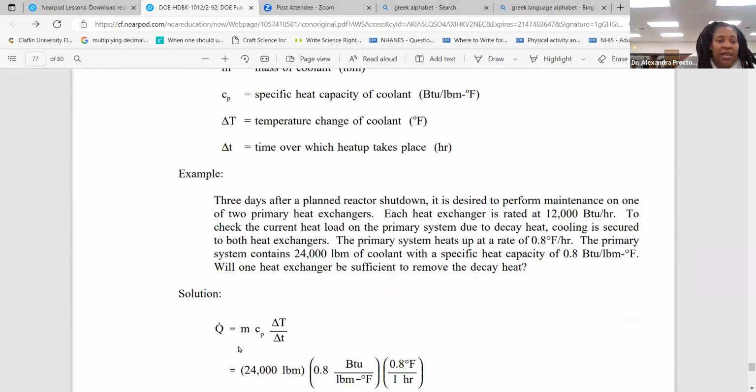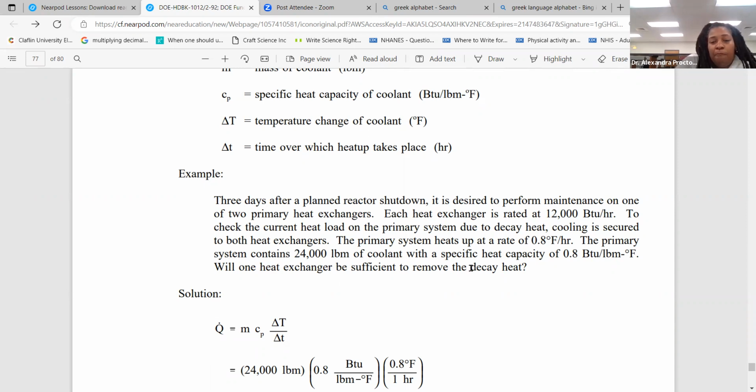So an example problem: 3 days after a planned reactor shutdown, it is desired to perform maintenance on one of the two primary heat exchangers. Each heat exchanger is rated at 12,000 BTU per hour. To check the current heat load of the primary system due to decay heat, cooling is secured to both heat exchangers.